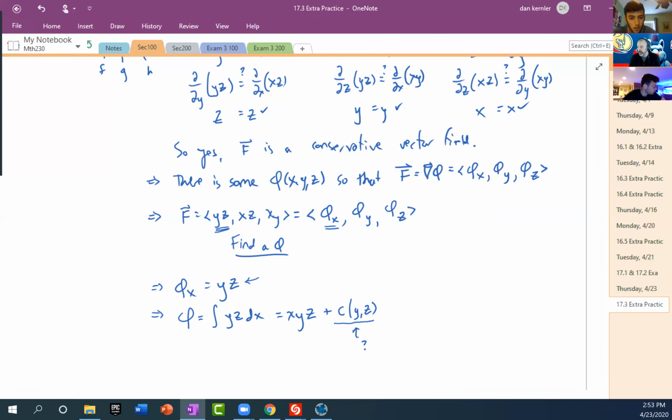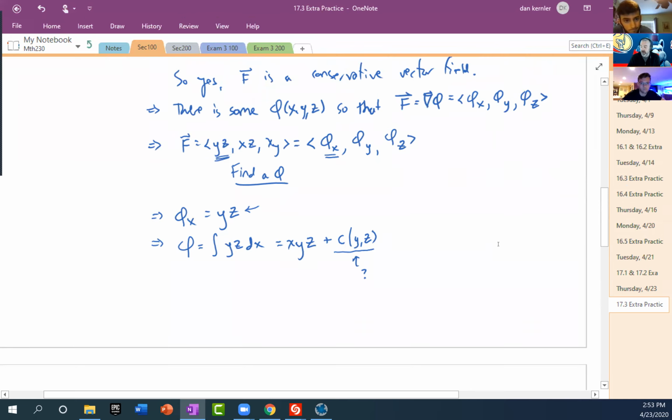Okay, our challenge now, we need to find that c. So here's what we're going to do. We're going to take the partial derivative of our new phi that we found and take its partial derivative with respect to y. That'll be xz plus whatever this partial derivative of c with respect to y is.